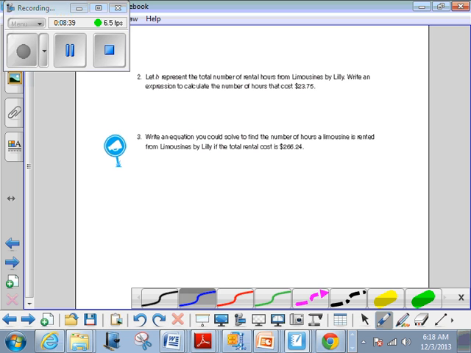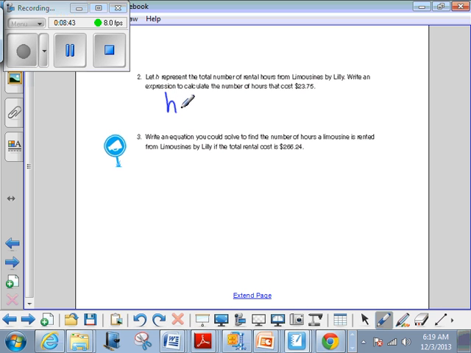So our equation would be our hours minus hour 1, all are going to equal $23.75. The first hour must be subtracted because it costs $99.99 instead of $23.75.